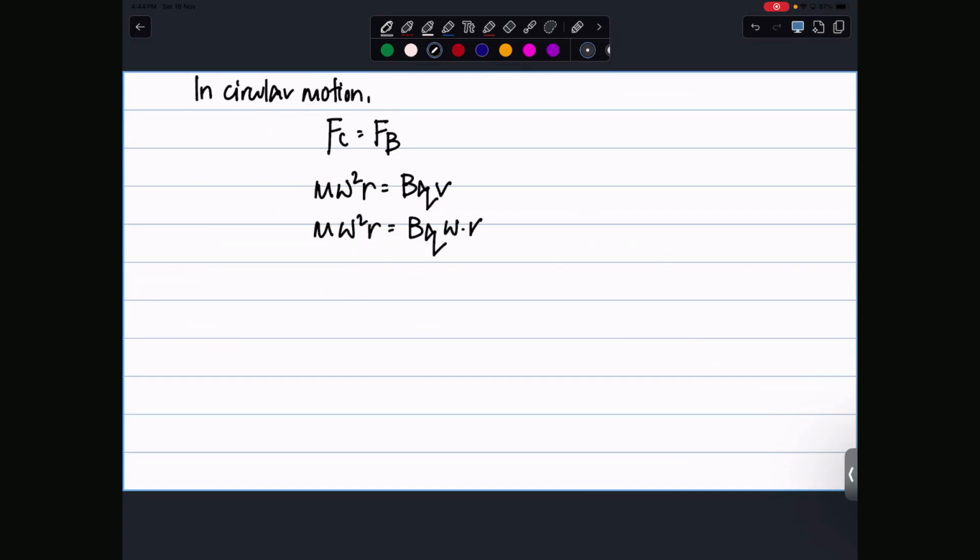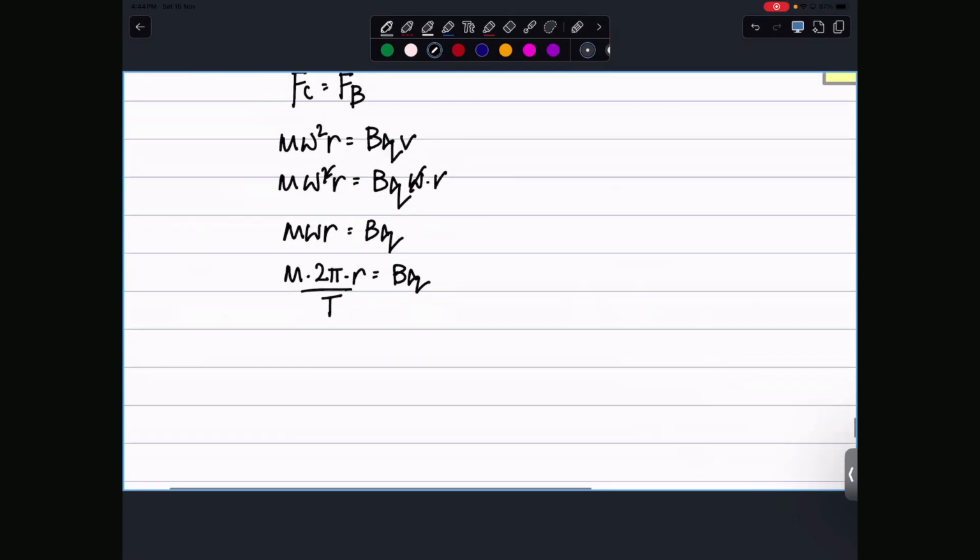So omega cancels out: m omega r equals bq. Omega is what? 2 pi by T. So m times 2 pi by T times r equals bqr. Do you see that there's an r on the left and the right?